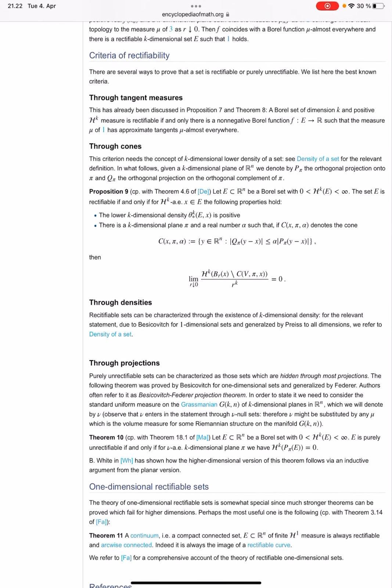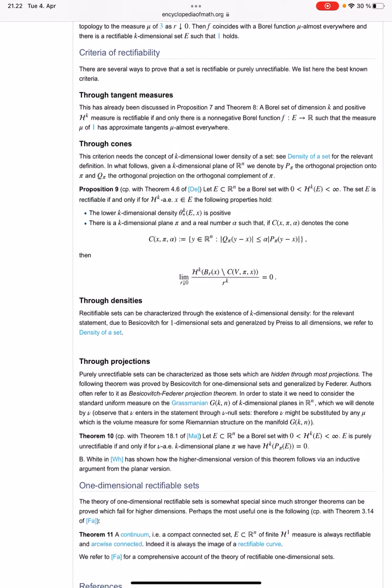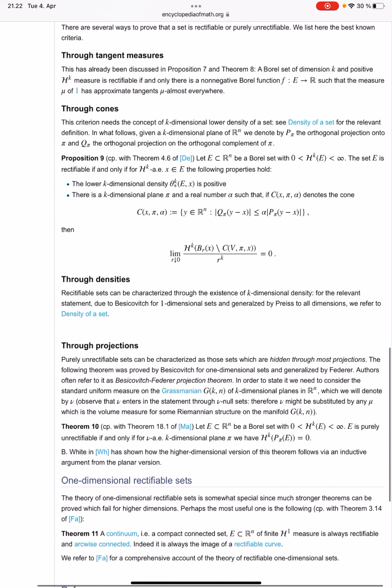Okay, then this article talks about some properties of rectifiable sets, and my favorite part, the criteria of rectifiability. So we saw, and we just mentioned this very deep and difficult result of Preiss, that if densities of a set exist almost everywhere, then that set is indeed rectifiable, a very surprising result. And the other one that we saw was Besicovitch-Federer projection theorem.